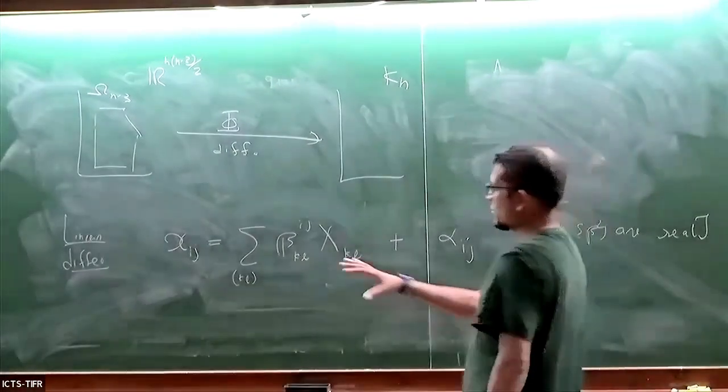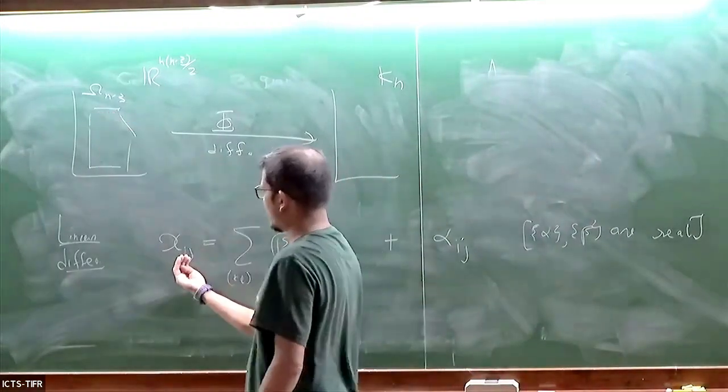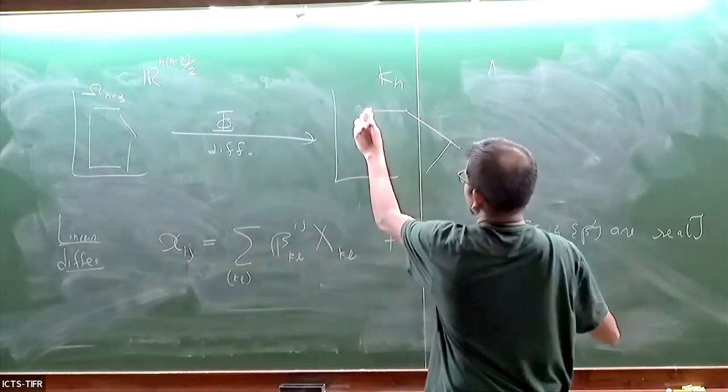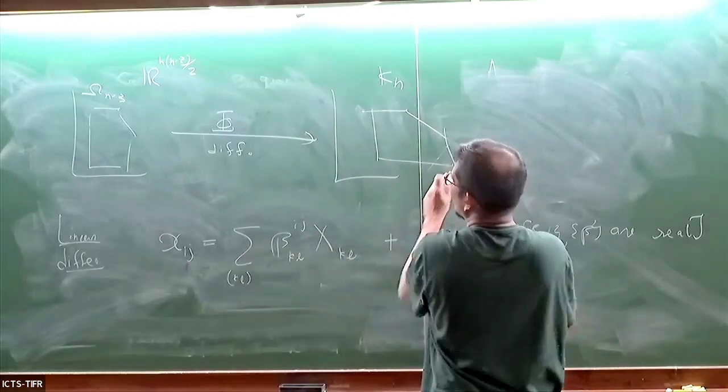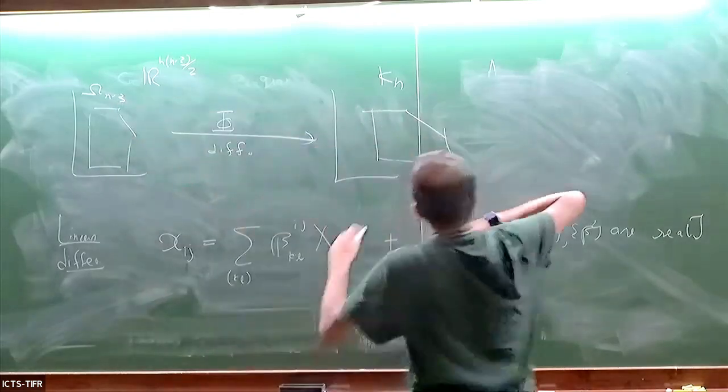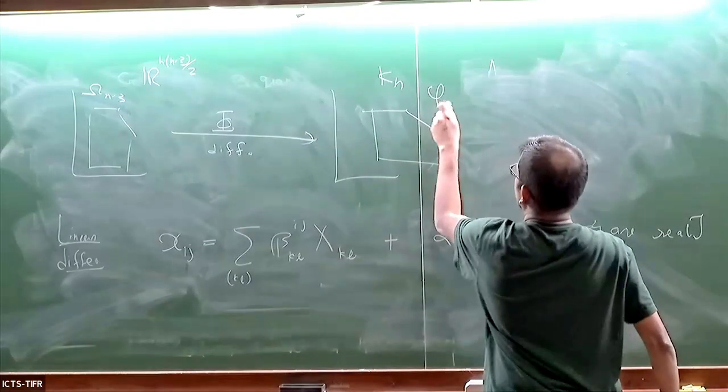Then what will happen if you take this kind of linear map and you start mapping this associahedron, you will get some deformed associahedron, and the form will get, if it's a diffeomorphism, using the inverse you can pull it back and you will get some form here. So let me just write it like this.